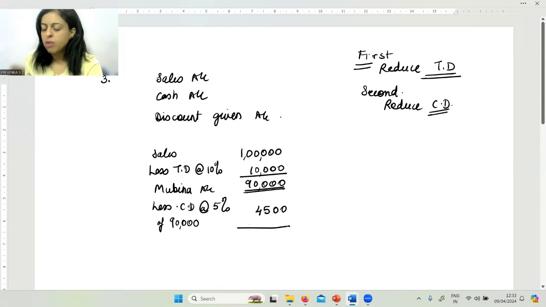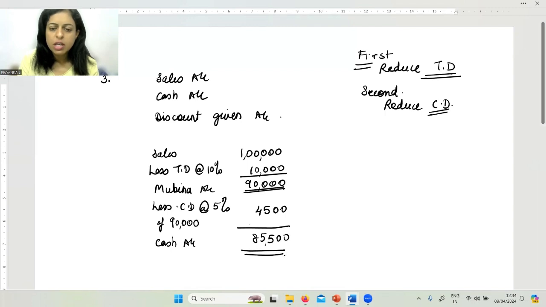I hope you're getting how I'm doing the calculations. Basically, I will have the amount that will be received in cash. Cash received would be 85,500 in hand. So now how to write the amounts? Will I write 1 lakh here for sales? This is the question.